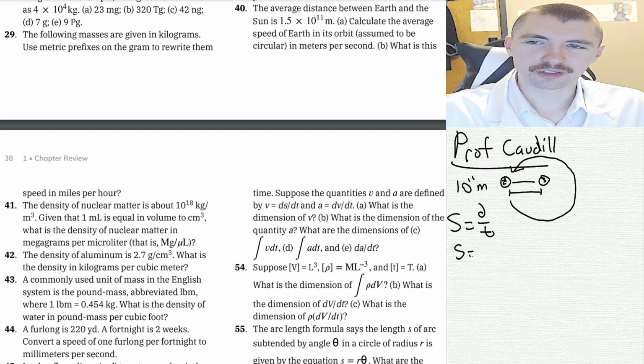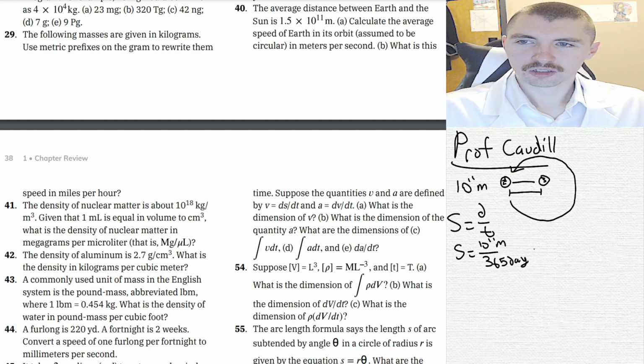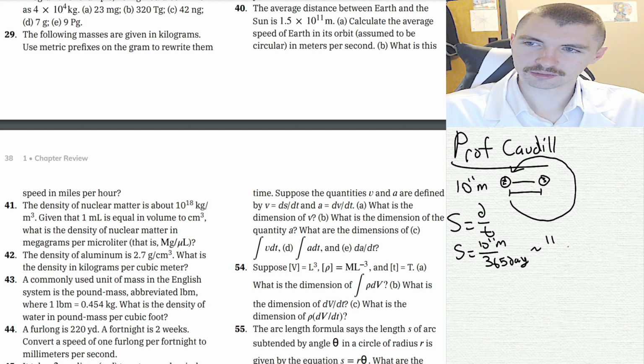So speed is, 365 days. So this is roughly, what is this? 10 to the 2.5.